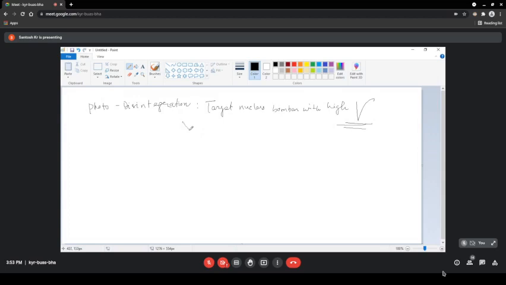So what is the projectile here, Brahmanand? Gamma, sir. Gamma. Then Y, capital Y.